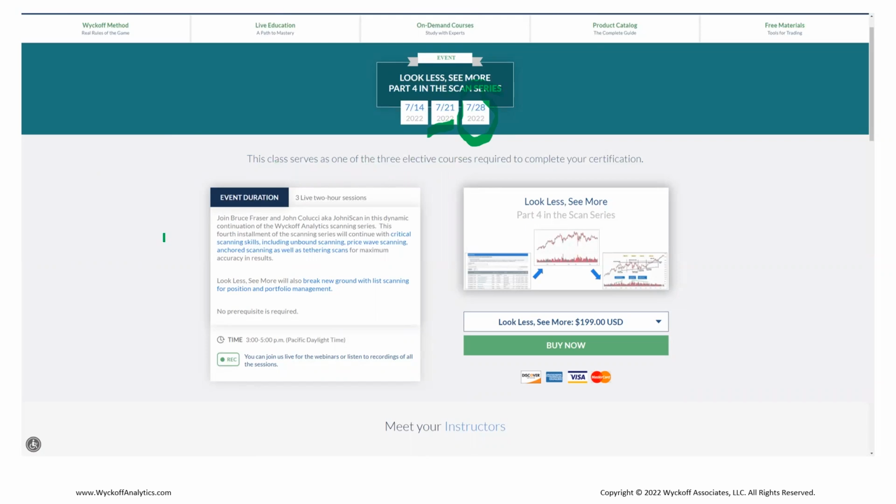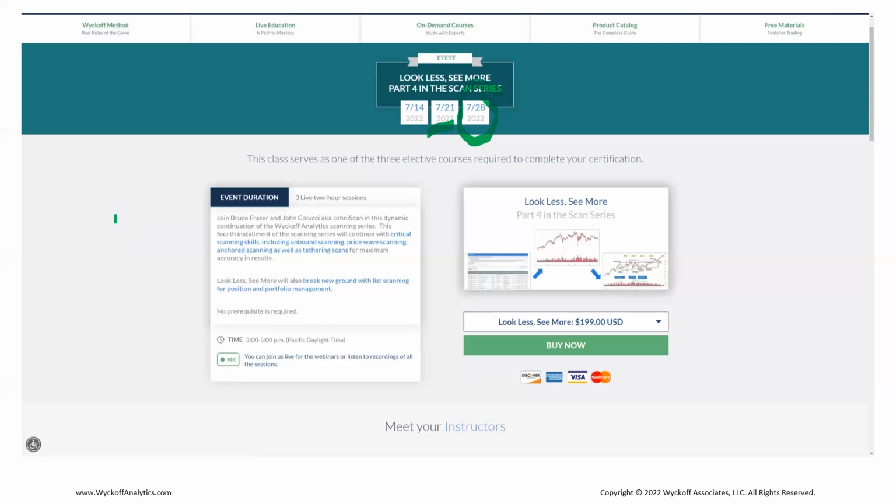And we're going to show you a little bit today about how we use the scanning tools at StockCharts to find opportunity. Look less, see more. That's the key. And this is a great scanning workshop because there's something in this for everybody, from beginners to advanced. There's a lot of good content.